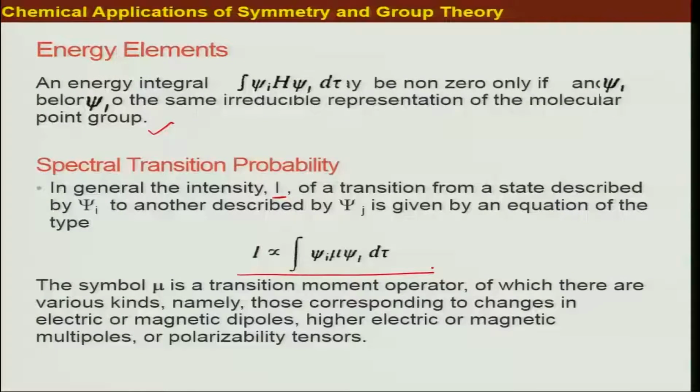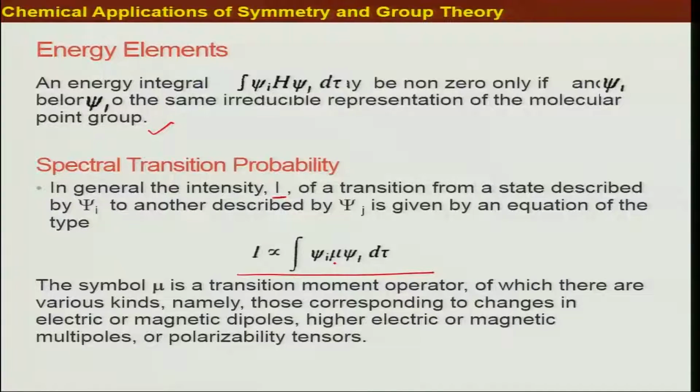Now the intensity of this transition is directly proportional to this integral, and this mu here, which is acting as an operator, is the transition moment operator. Okay, so this operator can work in different ways. For example, it can be an electric dipole operator, a magnetic dipole operator, a magnetic quadrupole or higher order multipole, a polarizability tensor and so on.